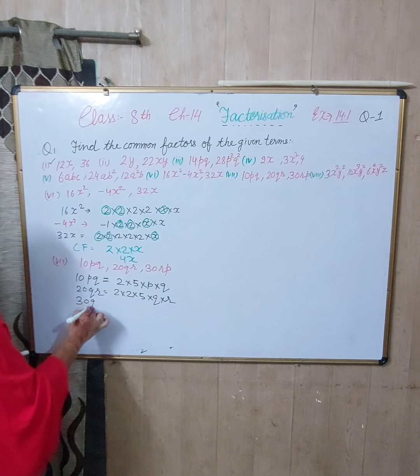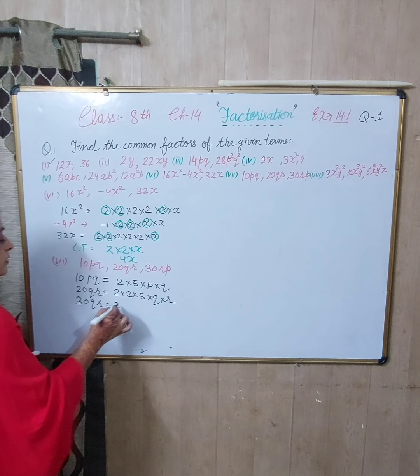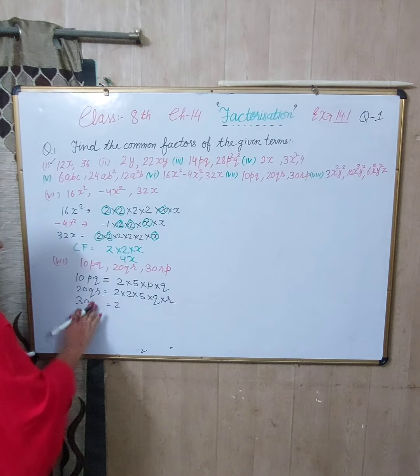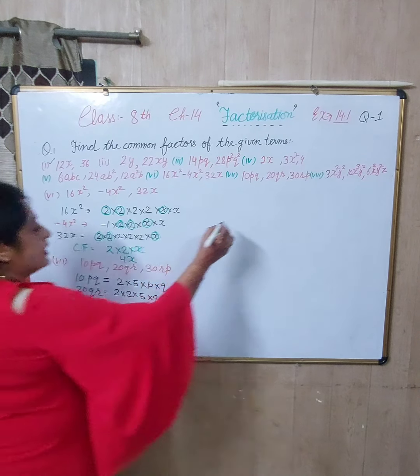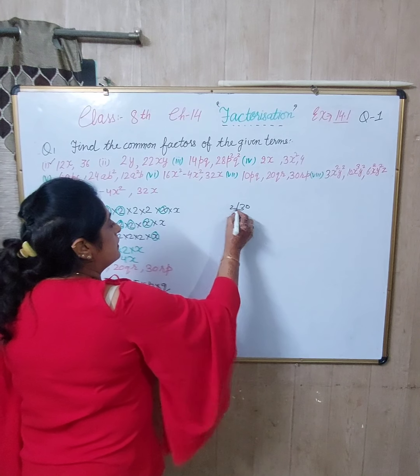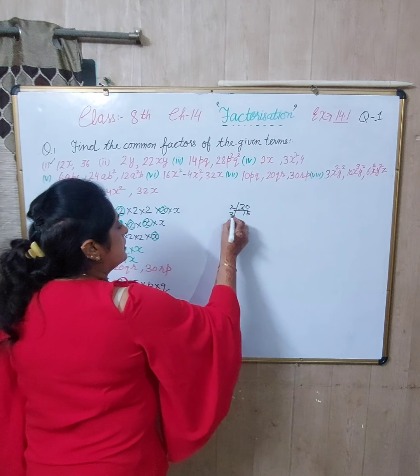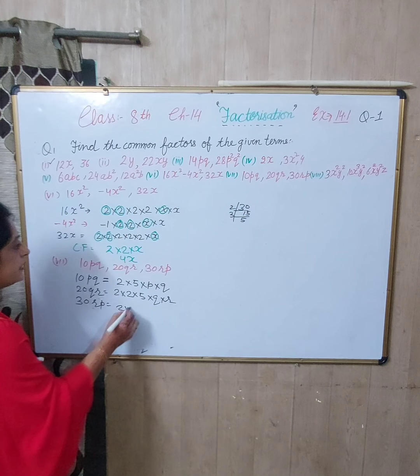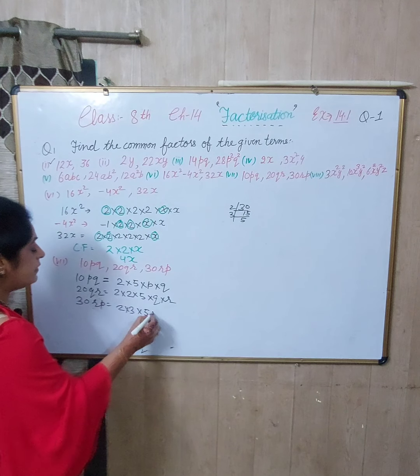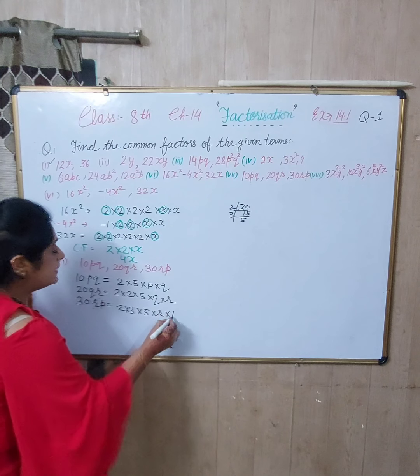For 30rp, make the prime factors of 30: 15, then 3. 2 multiply 3 multiply 5, multiply r, multiply p.